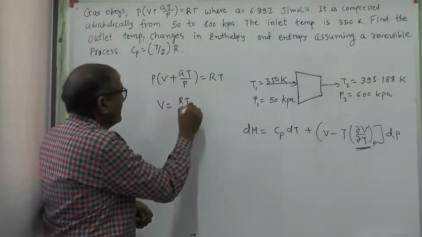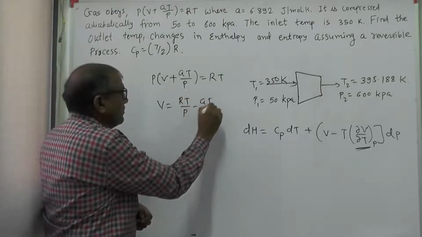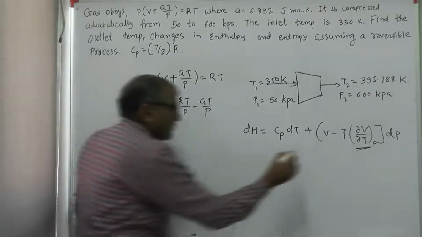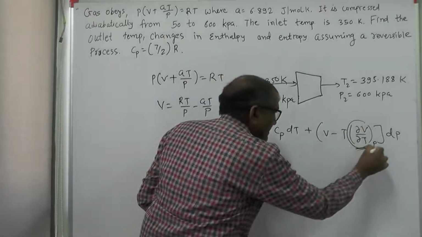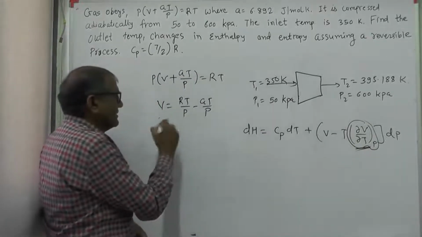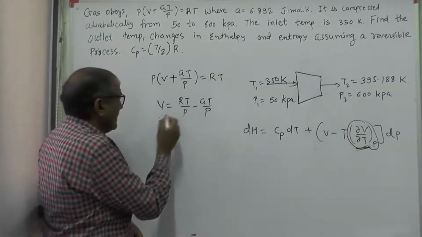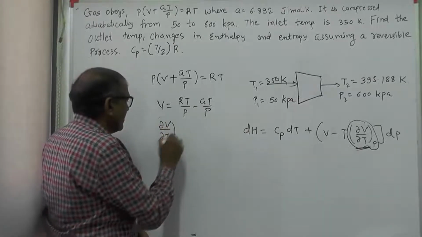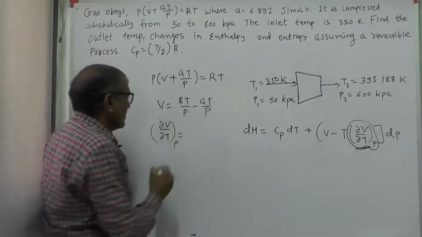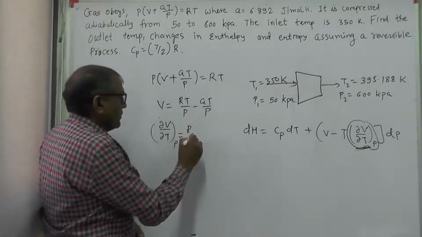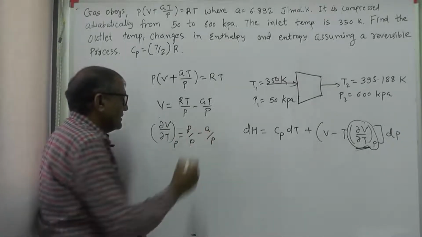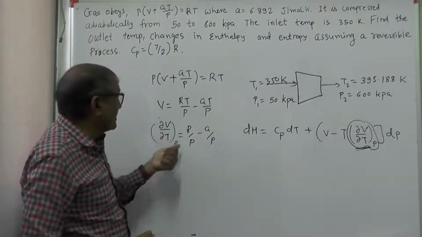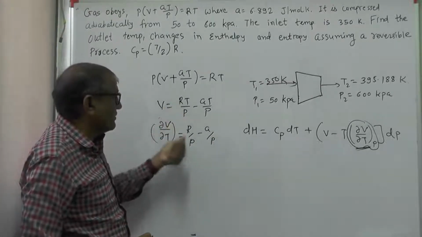That would be V equal to RT upon P minus AT over P. This would be the equation of V. If I want to calculate this term, then I can take the differentiation over LHS as well as RHS, del V over del T at constant P, that is equal to R upon P minus A upon P. The reason is we are taking the differentiation with respect to temperature, keeping pressure constant, so R upon P will be constant.